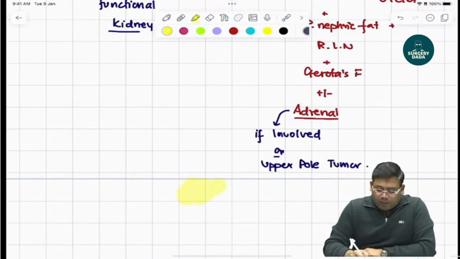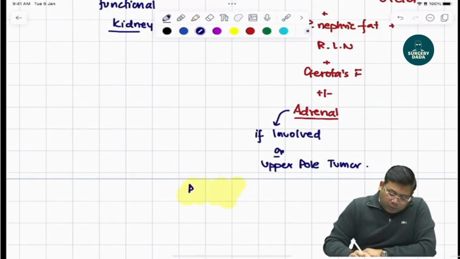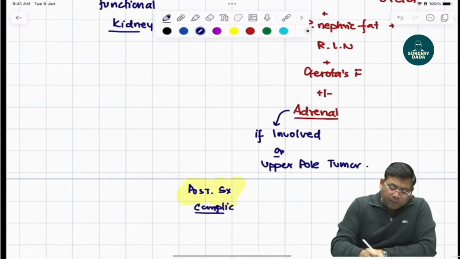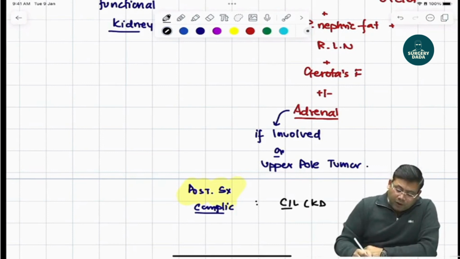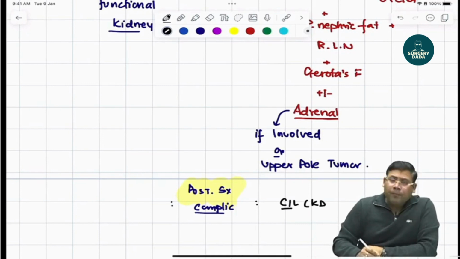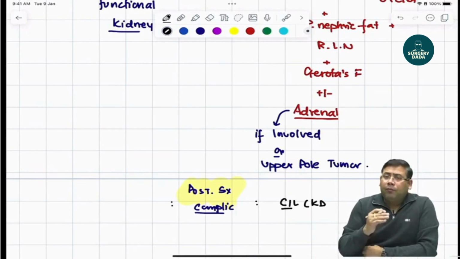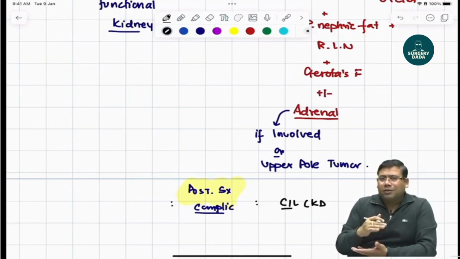Then remember, what are the complications? Post-surgery complications are very, very simple. When we talk about the radical, the contralateral CKD will happen. With partial, you will always develop excessive loss of proteins through the kidney, because you have reduced the size of the kidney.